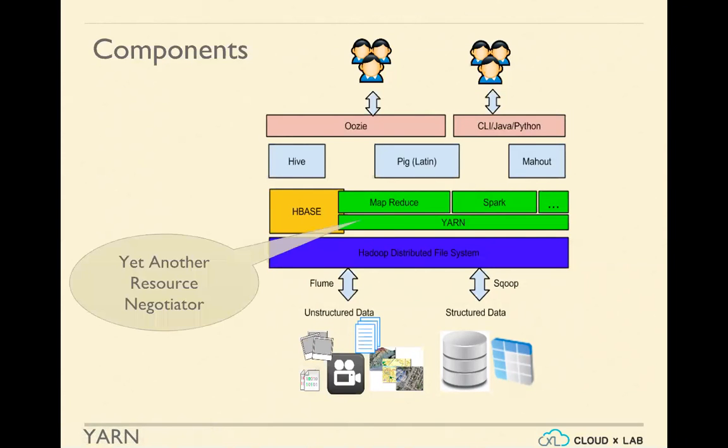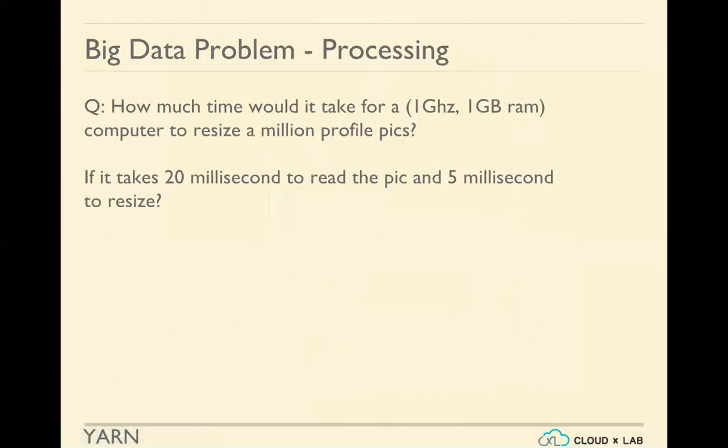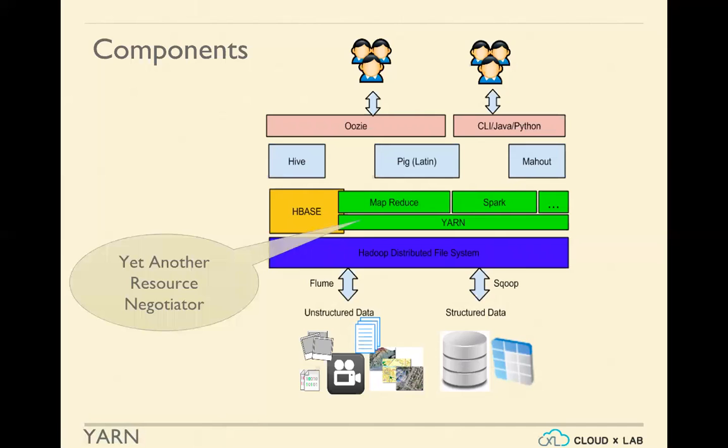So this is the component that we are going to talk about today, which sits above the Hadoop distributed file system. It's called yet another resource negotiator, right? Yet another, we know what it means. Resource negotiator, we will learn. It basically helps us get the resources in a cluster. A cluster is just a bunch of computers connected together in a network.